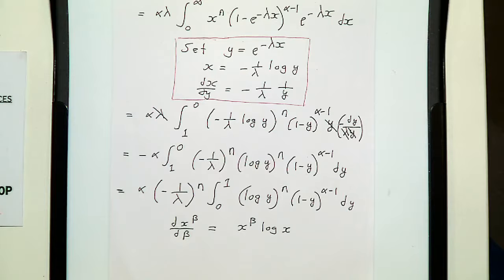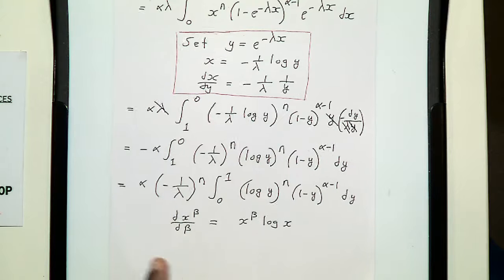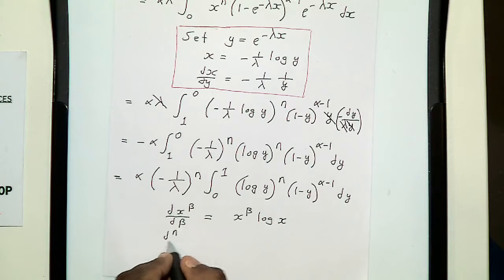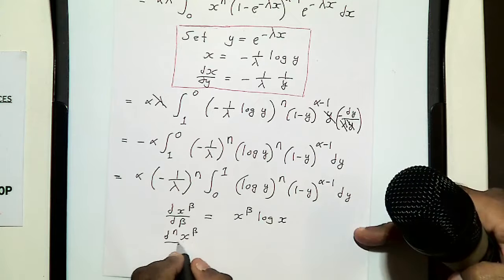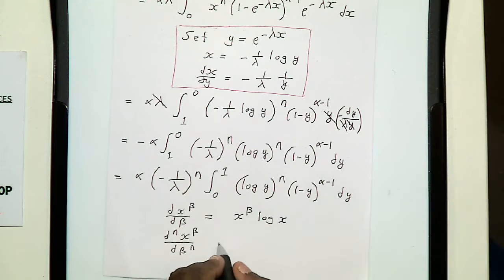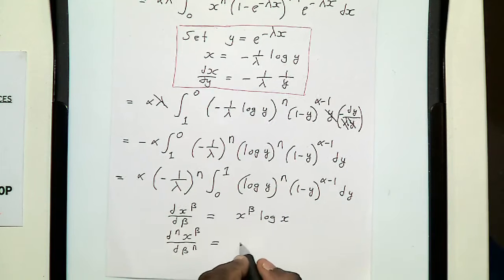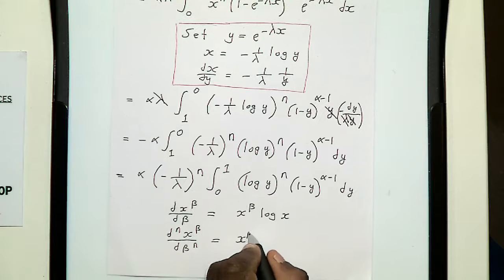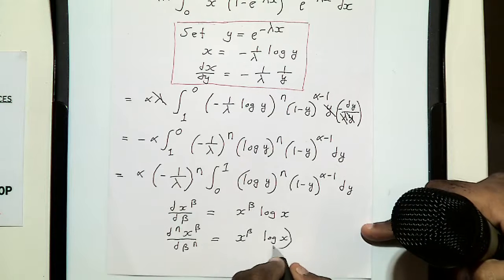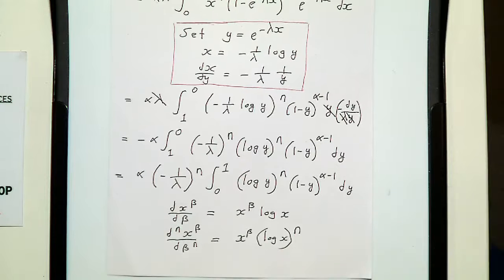Is that right? Now, if you do this n times, in other words, if you differentiate n times with respect to beta, the formula that you will get is this.